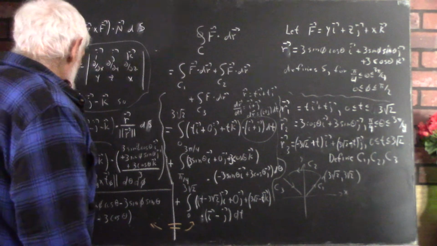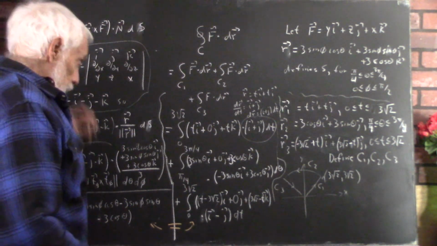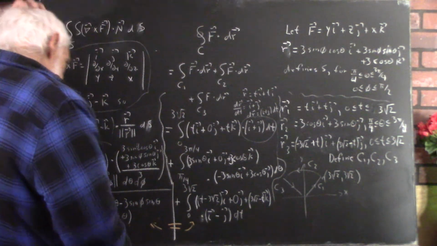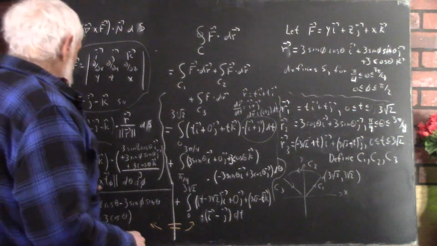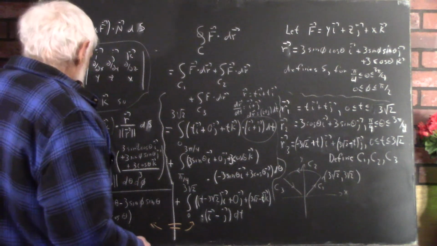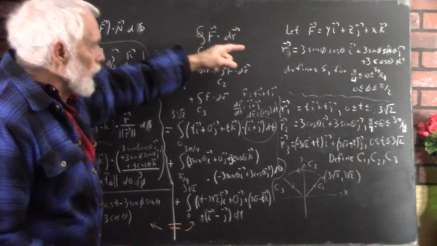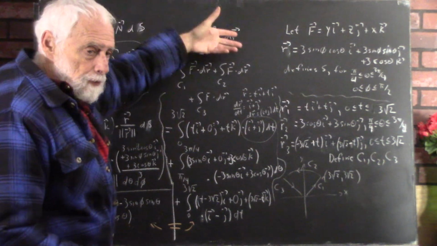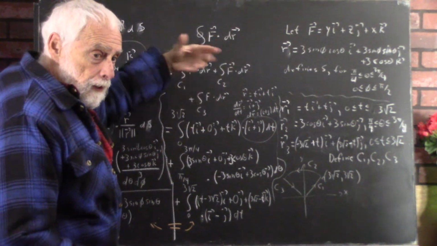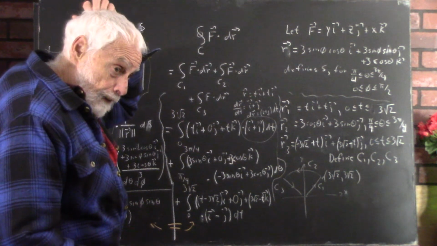Down here, again we need the T_θ cross T_φ, but T_θ cross T_φ is just your r_θ. T_θ is your derivative of r with respect to theta. T_φ is your derivative of r with respect to phi.